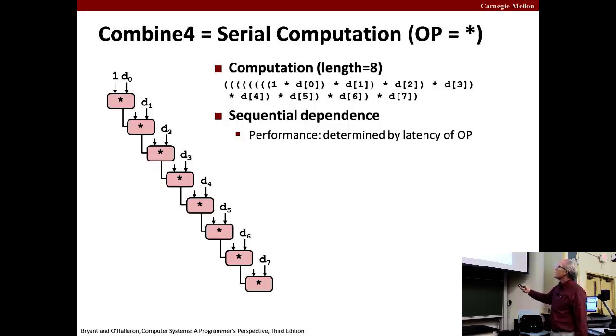In general, if you look at this loop code, it has to compute ECX, the updated value of it, before it can start the next one. And so that's why, even though I have a pipelined multiplier, my program itself limits me to sequential execution of all the multiplies.